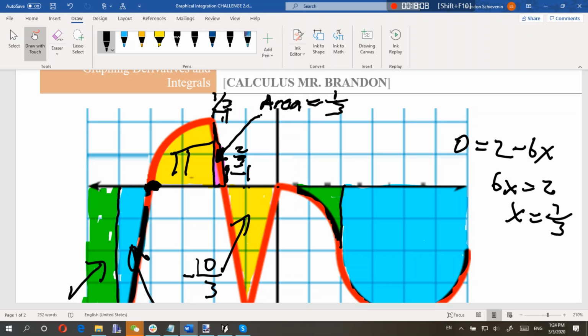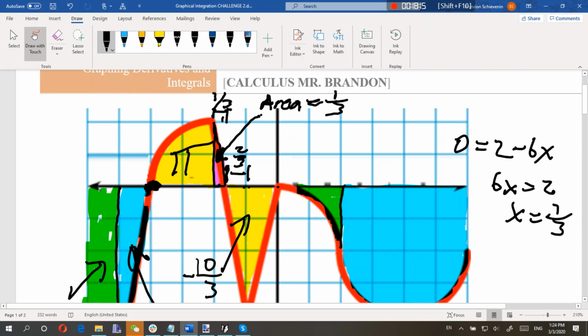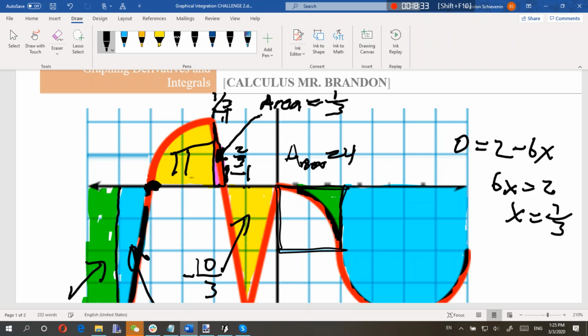Okay, then the hard part. So I'm going to box this in again. For this box here, the area of the whole box is 4.